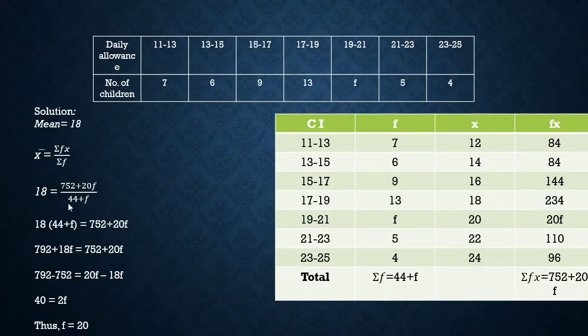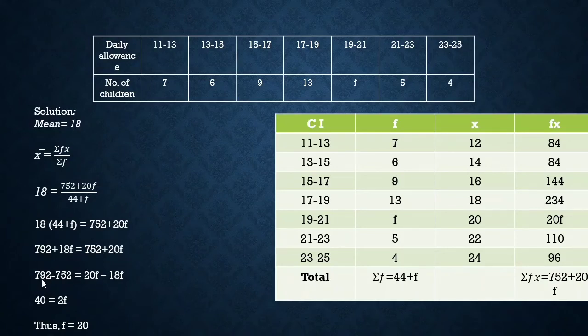So now transposing 44 plus f to the left hand side, we get 18 into 44 plus f is equal to 752 plus 20f. Opening the brackets, 18 into 44 is 792, 18 into f is 18f, equal to 752 plus 20f. Make f terms on one side and numbers on the other side.